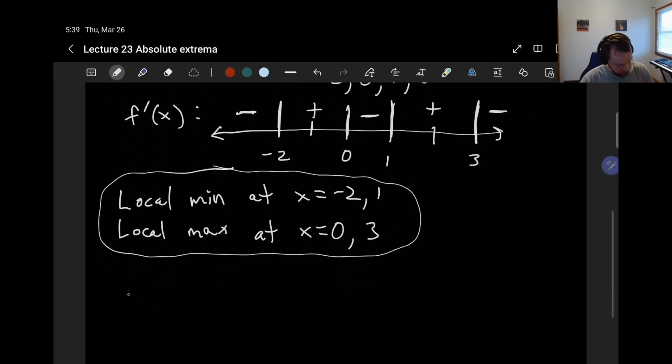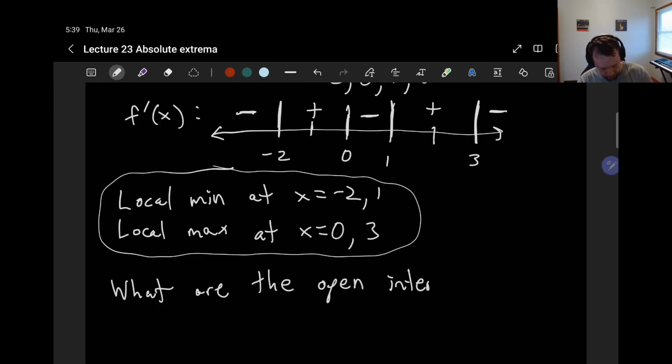Now here's another question. What are the open intervals where f, again, is concave up or concave down?